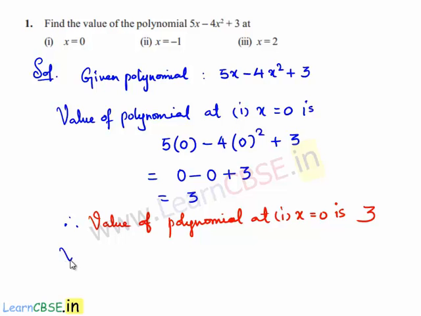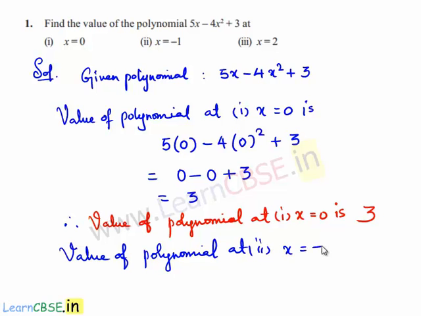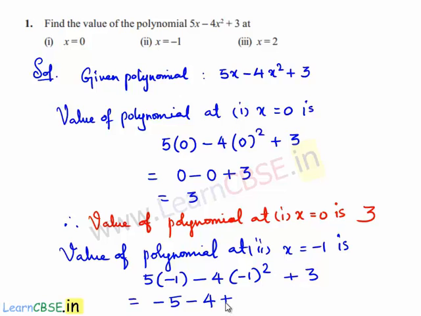Next, the value of the polynomial at x is equal to minus 1 is 5 times of minus 1 minus 4 times of minus 1 square plus 3, which is equal to minus 5 minus 4 plus 3.